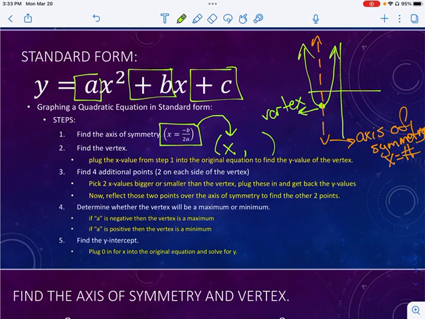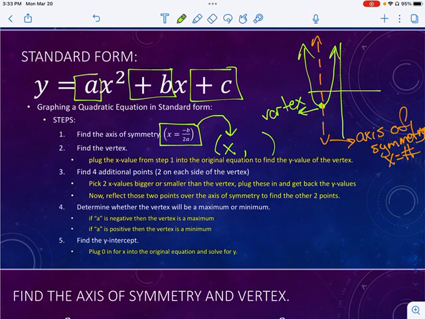To find the y value, you simply plug the x value into the original equation, and then solve it to find the y value of the vertex. The vertex has to be on that axis of symmetry, because remember, when we talk symmetrical, those two sides of the parabola have to match up if we fold it along that line, and that's where the vertex has to be.